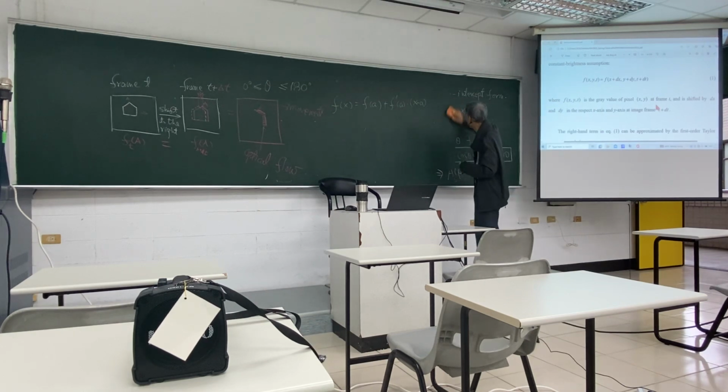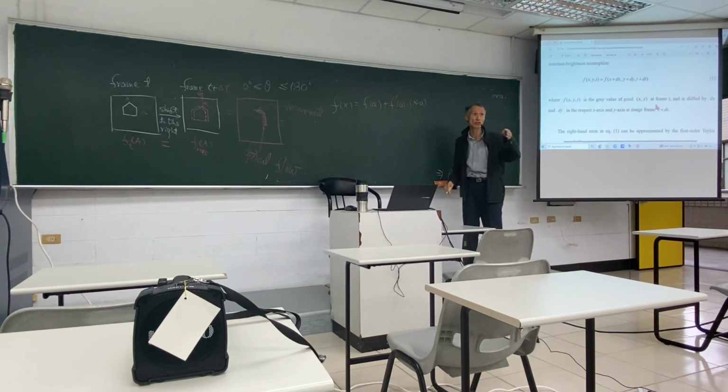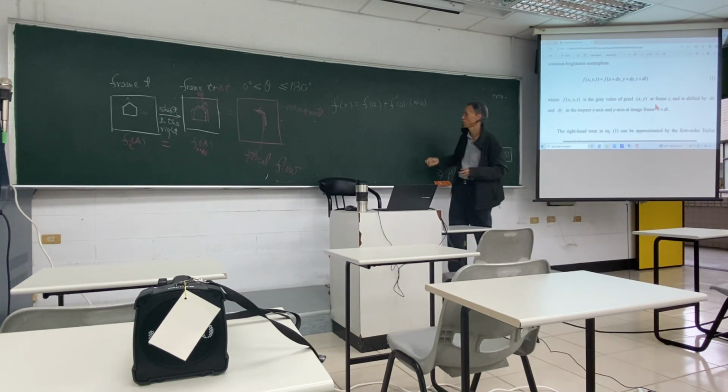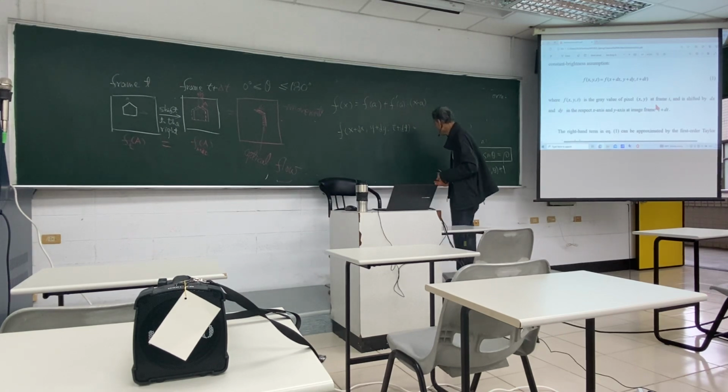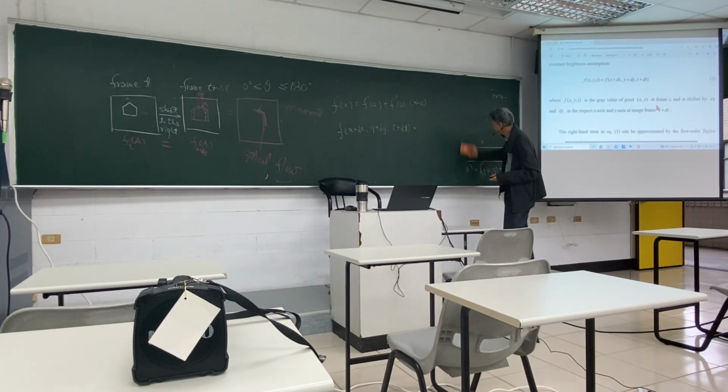For the Lucas optical flow, you use only first order, as I mentioned. In a digital image, everything after the first derivative is not stable, so you use only the first derivative. The right hand side, x plus dx, y plus dy, and t plus dt, can be written down based on the first order Taylor expansion.